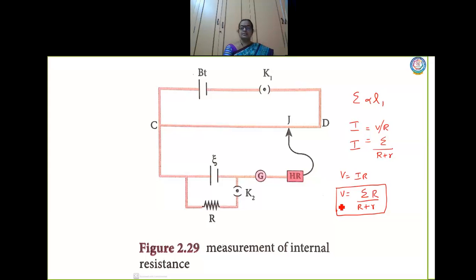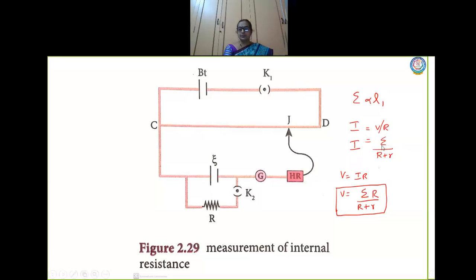In the absence of an external resistor, the balancing length is psi proportional to L1. Then what is the current flowing through the circuit? I is equal to V by R. Instead of V I have psi, divided by the total resistance, which is the internal resistance plus the external resistance, so it is r plus R. That is the value of current.